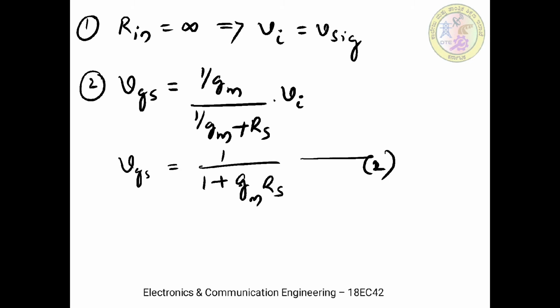Now from this equation, one important observation can be made. Here RS is appearing in the denominator. Therefore RS is used to control the magnitude of the signal VGS, and also this RS makes sure that VGS does not become very large. If it becomes very large, there are chances that non-linear distortions may appear.